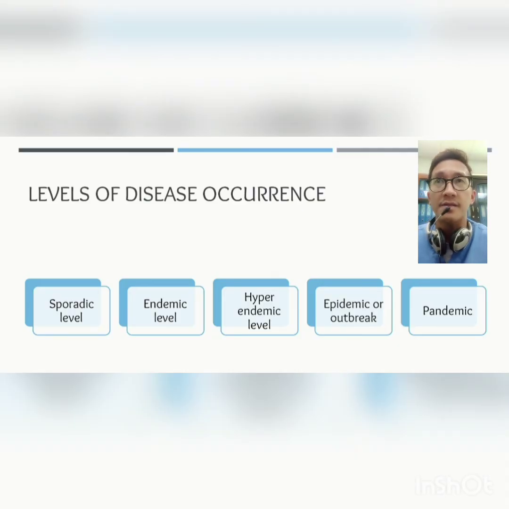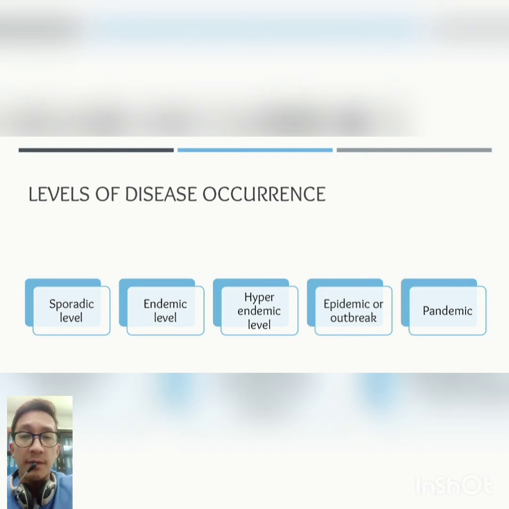Now let us discuss the levels of your disease occurrence. We have your sporadic level, endemic level, hyperendemic level, epidemic or your outbreak, and your pandemic level. Talking about your sporadic level, these are occasional cases occurring at irregular intervals.